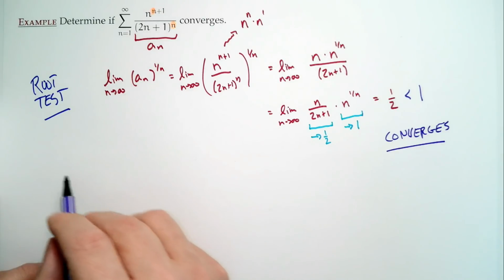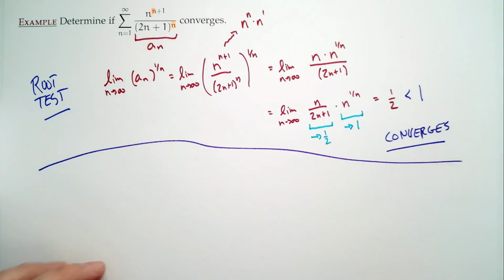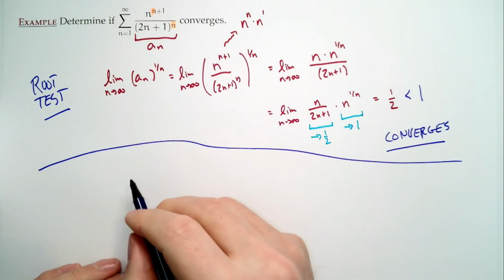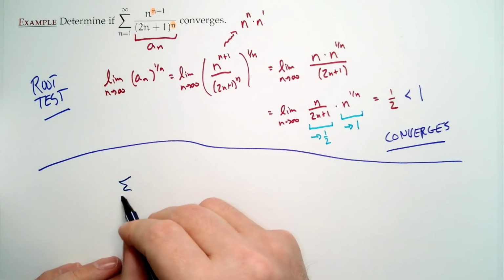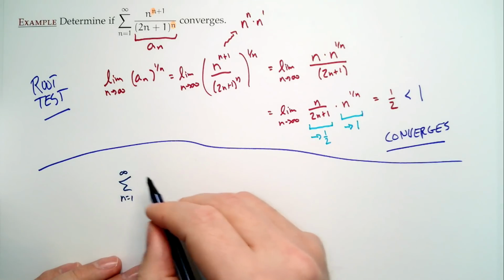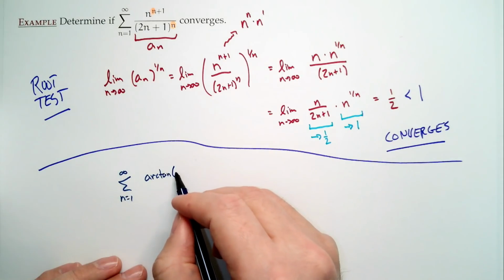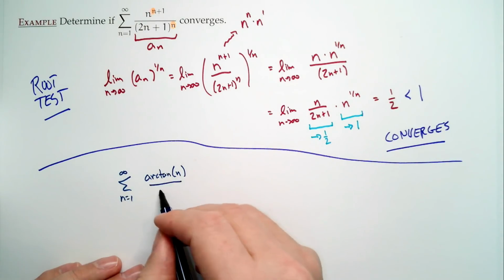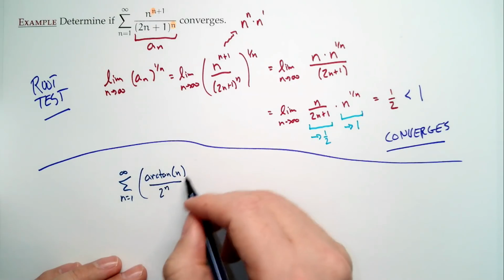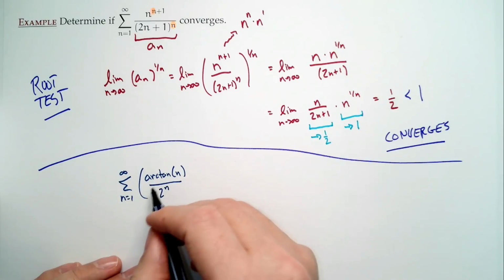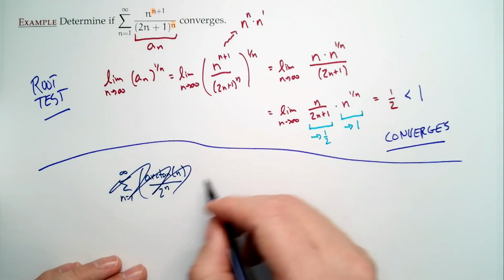So there you go. Now, well, we're going pretty slow, so we can do another limit. This is another one that's a little bit fun. So let's see. What if we had the sum n equals 1 to infinity of, say, arctangent of n, divide that by 2 to the n, and, let's be careful here.